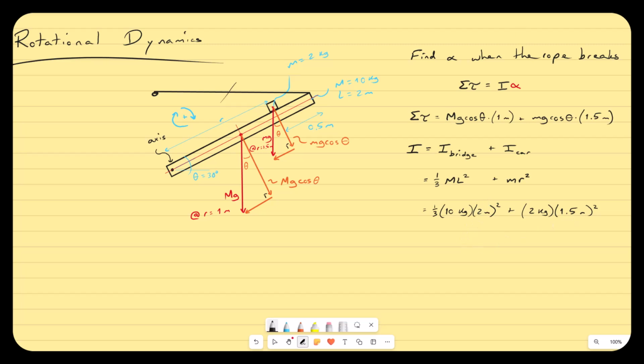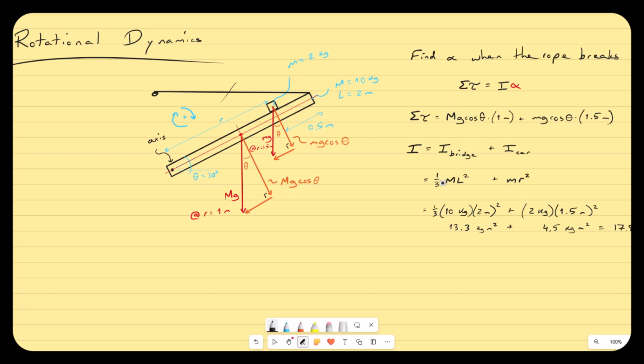And I put all that in and I get 2.25 times 2 is 4.5. This one comes out to be 4.5. 2 squared is 4 times 10 is 40 over 3 is 13.3 kilogram meters squared. So when I add those up, I get 17.8 kilogram meters squared.